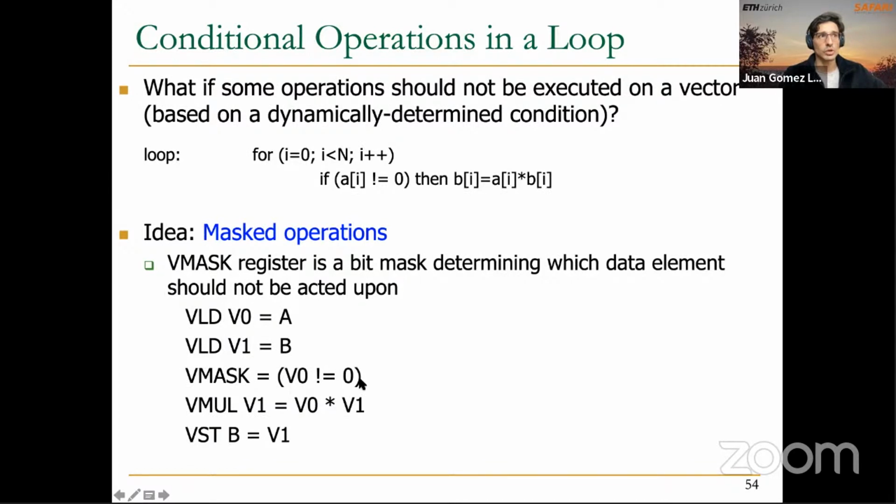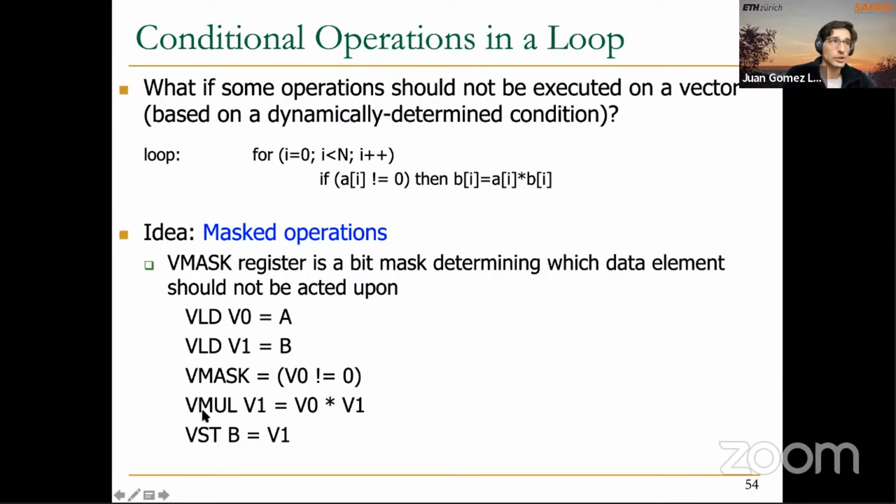To do so, we compare the elements contained in V0 to the value 0. The result, either 0 or 1, will be written in this bit mask. Then depending on the bit that we have in the bit mask for the corresponding lane or register, we will execute this multiplication or not.